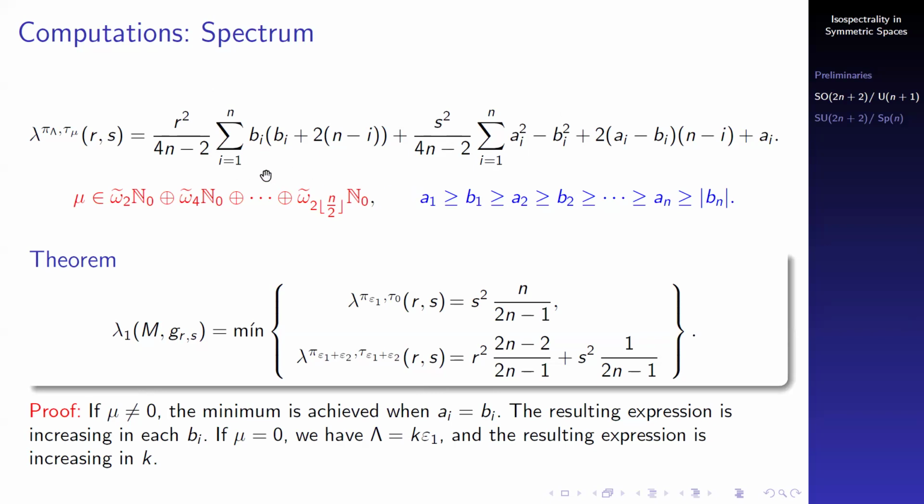And for that, once you see that this is increasing in each B_i, so it's minimum when the B_i are minimum. So the resultant expression is increasing in each B_i, and it's minimum for the red condition. The B_i are minimum when B1 is 1 and B2 is 2.